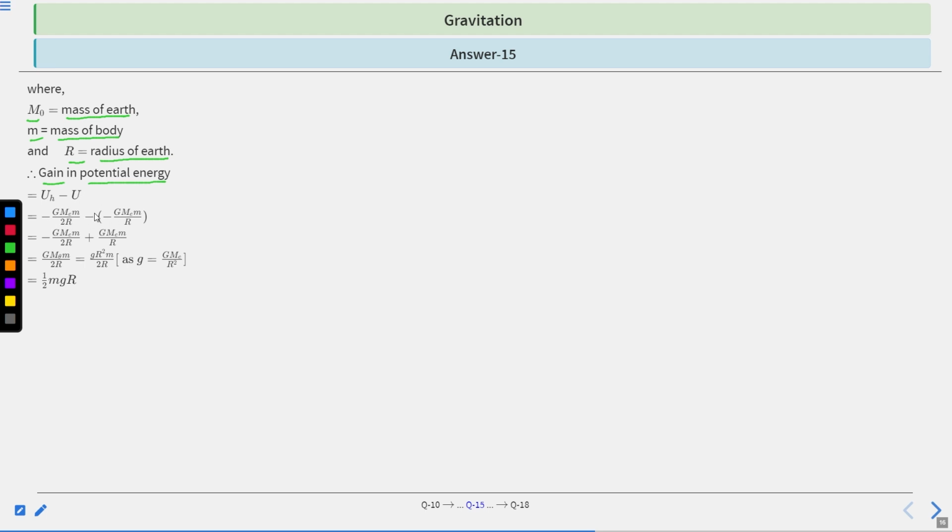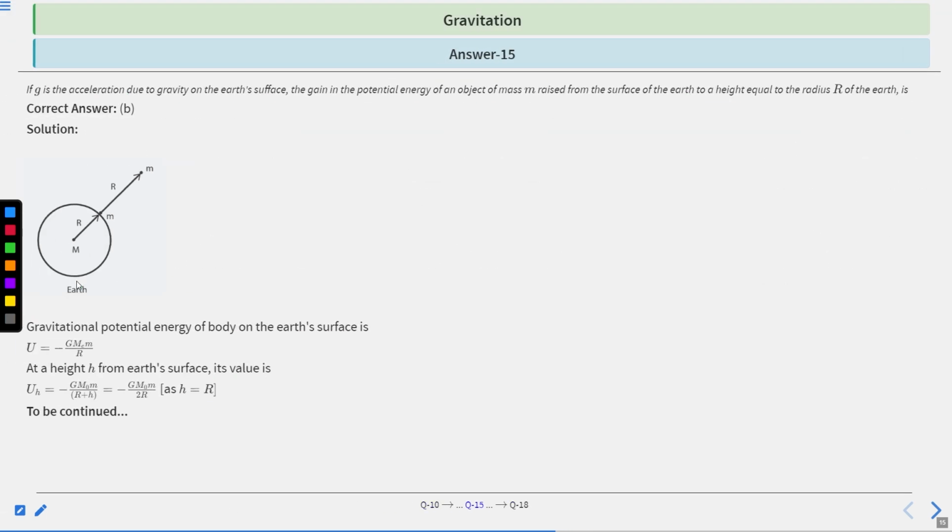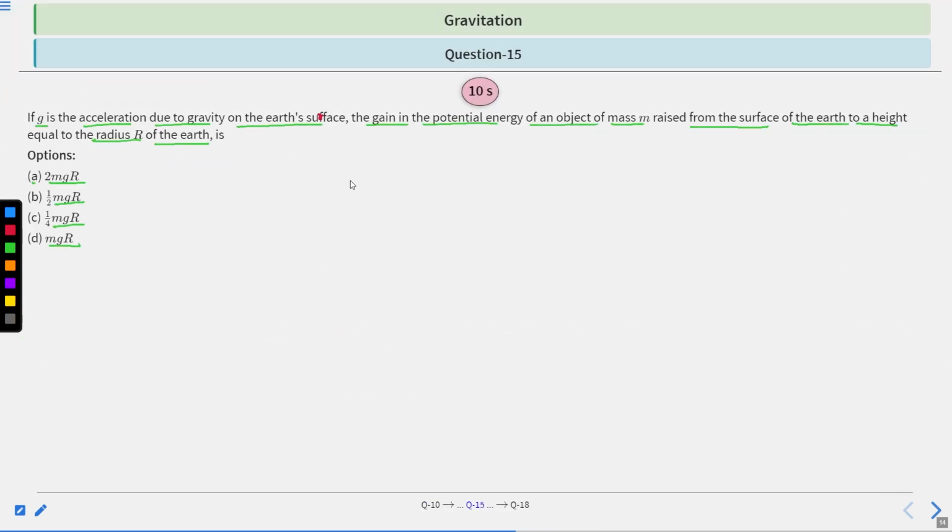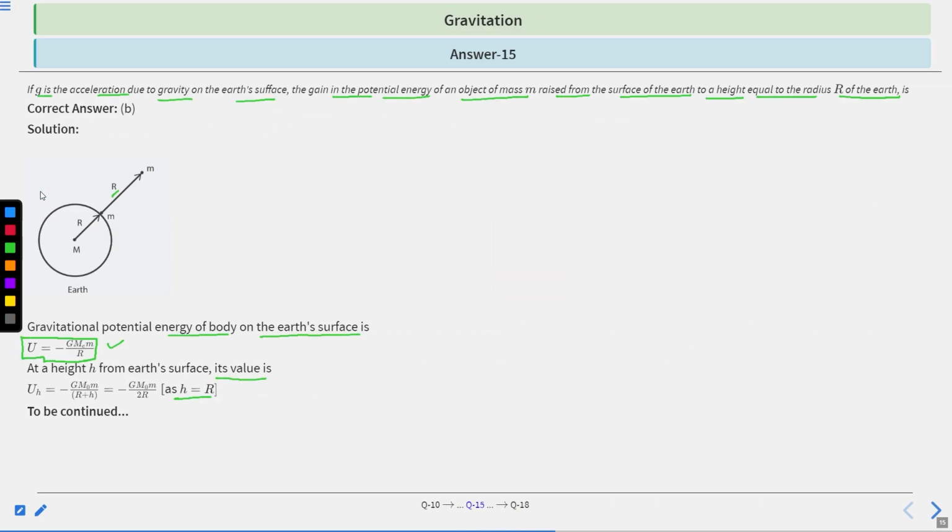So solving this term, you will get G M naught m divided by 2r, which is equal to g r square m divided by 2, where g equal to this. Clear? And solving this term, you will get half mgr. So half mgr is the correct answer. So B option is correct. Clear?